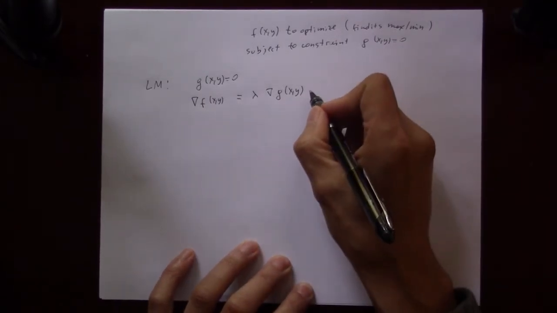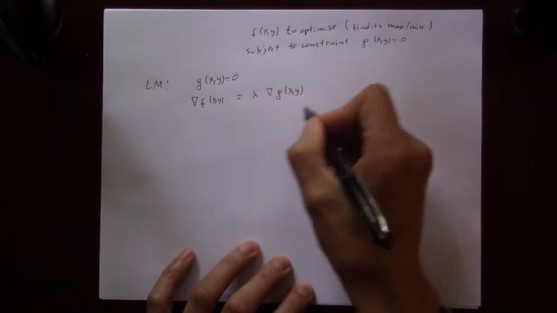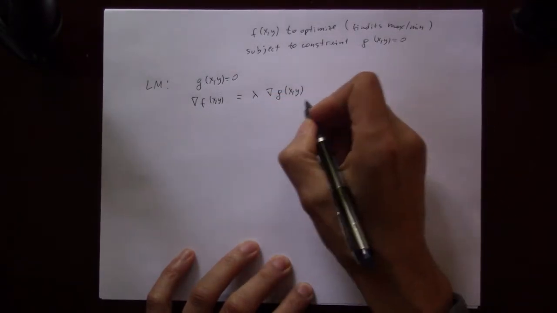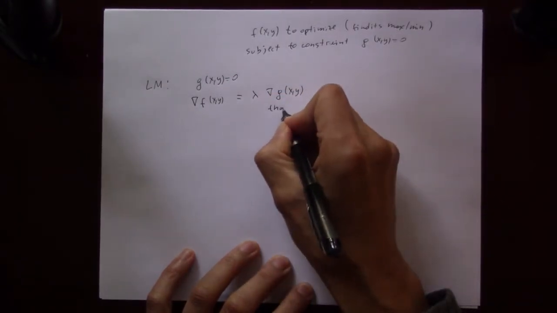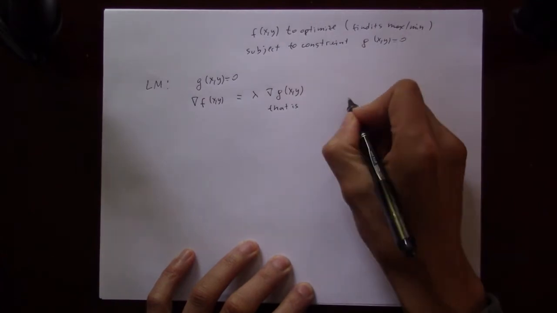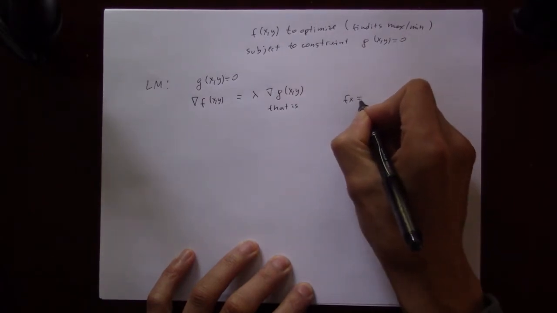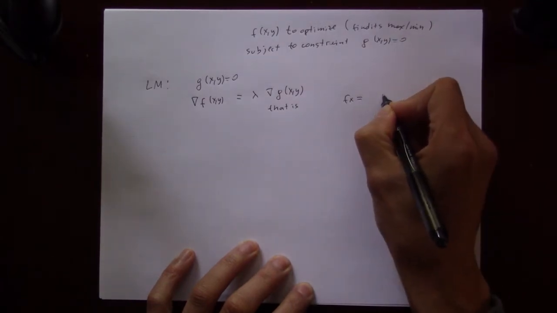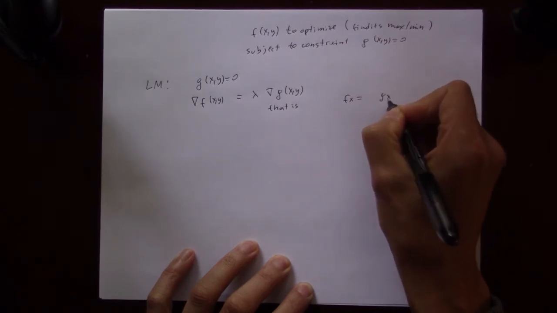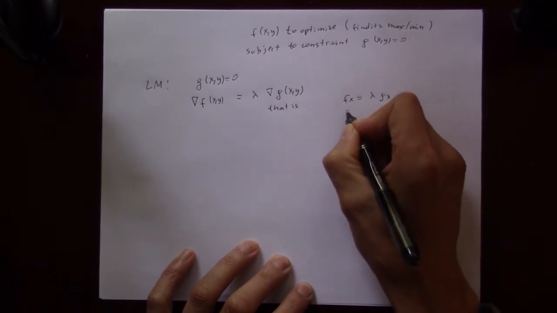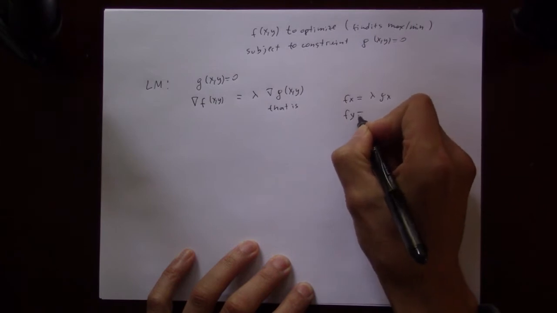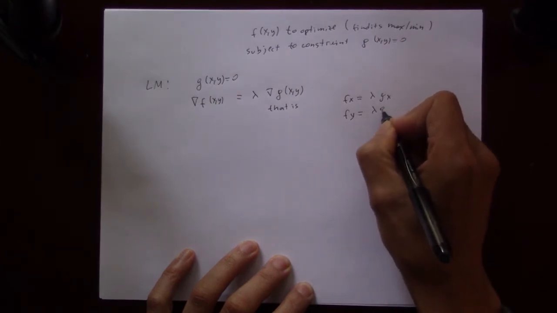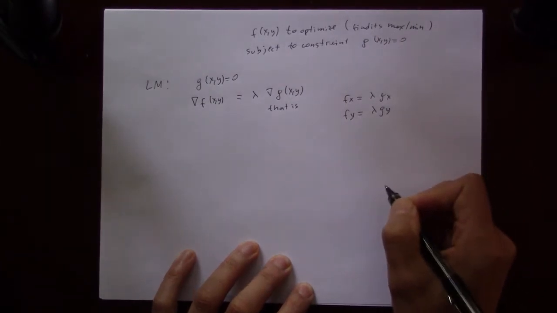And for a function of two variables, the second formula will tell us that the partial derivative of f with respect to x equals the partial derivative with respect to x of function g times lambda, and the partial derivative with respect to y of f equals lambda times the partial derivative with respect to y of g.